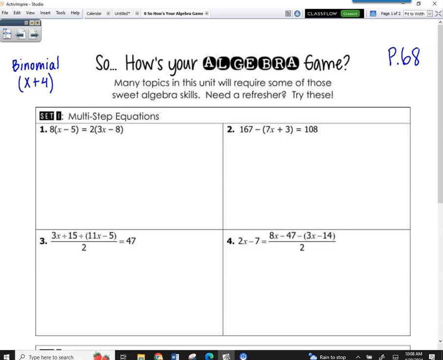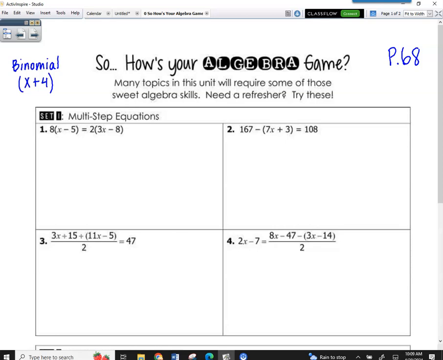You're going to distribute the 8 into the binomial, and over here you're going to distribute the 2 into the binomial. Remember, when you're multiplying, you just multiply the coefficients together, and if one of them has an x and the other one doesn't, then your answer has an x.